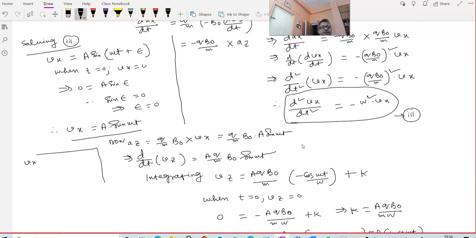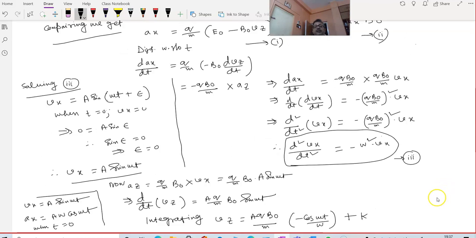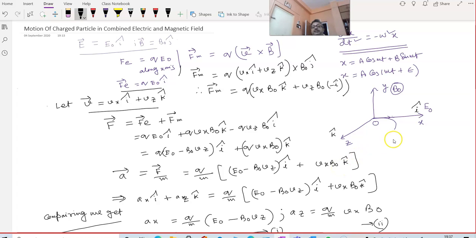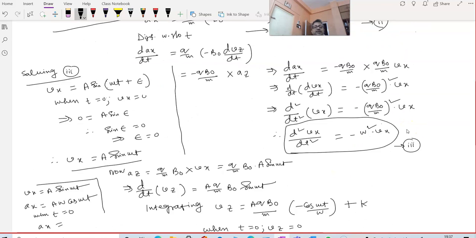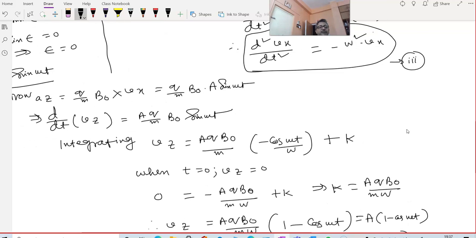So Vx is A sine omega t. Now Ax is A omega cos omega t. When t equal to 0, Ax was there. What is Ax? Initially, what is the value of Ax? That is Q0 by m. We put it there.